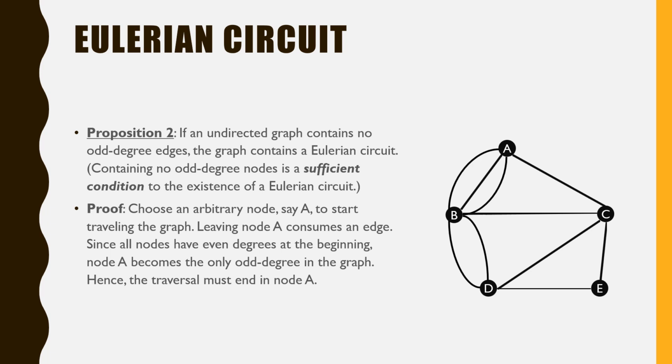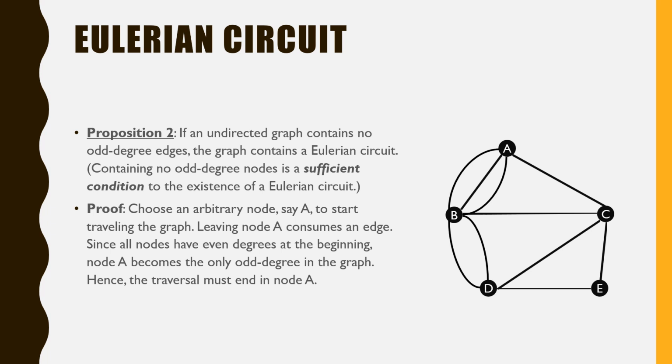Now, let's prove that having no odd degree nodes is not only necessary, but also a sufficient condition for the existence of a Eulerian circuit. Proposition 2. If an undirected graph has no odd degree nodes, then the graph contains a Eulerian circuit.